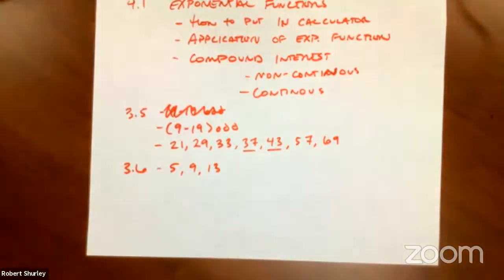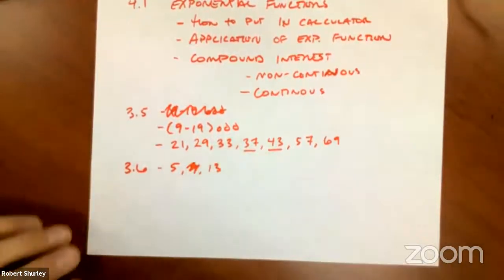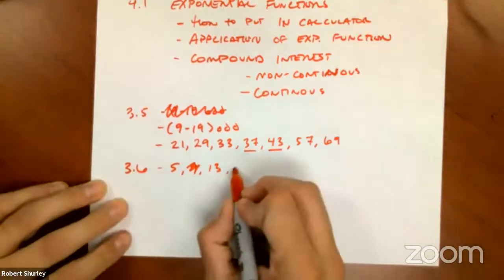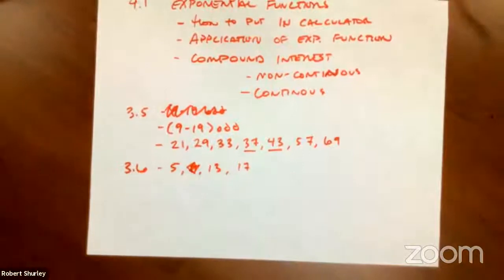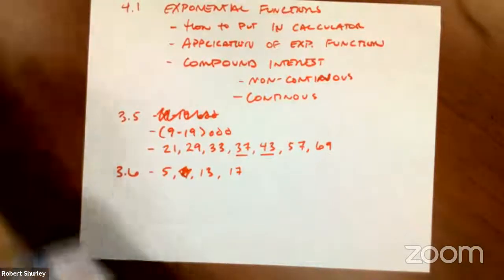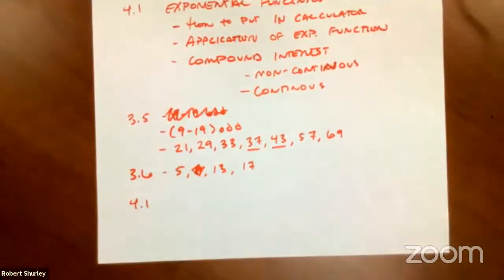All solid examples. Actually, don't worry about 9. It's got a weird answer. So let's say 5, 13, yeah, maybe even 17. Okay, 5, 13, and 17. Those are all good examples from 3.6.